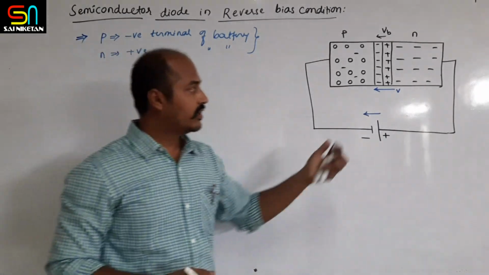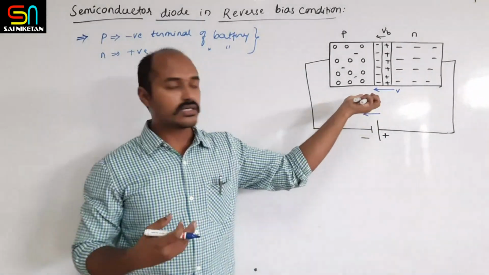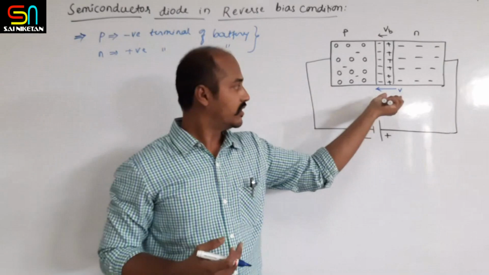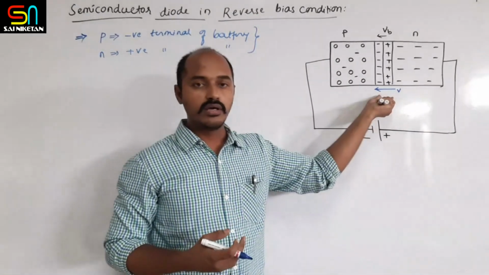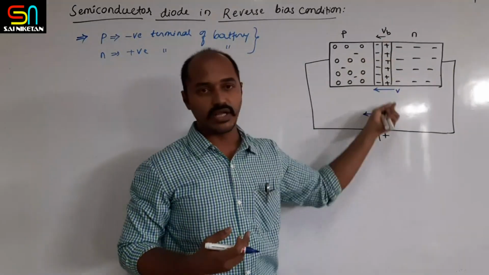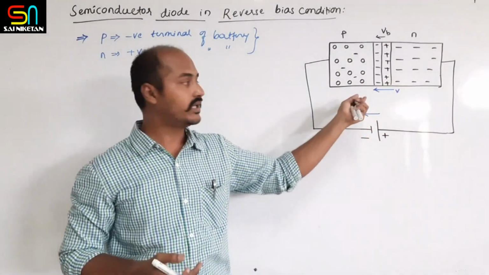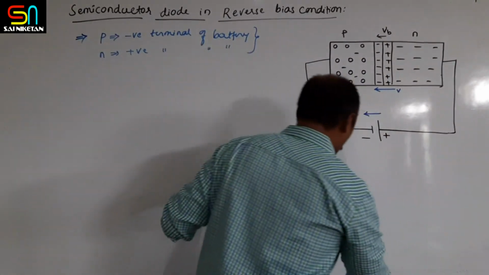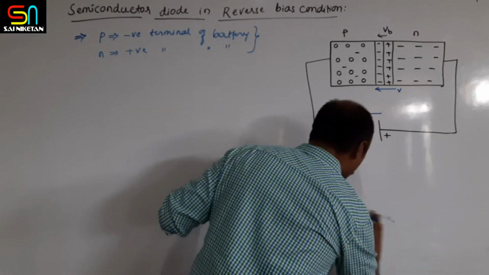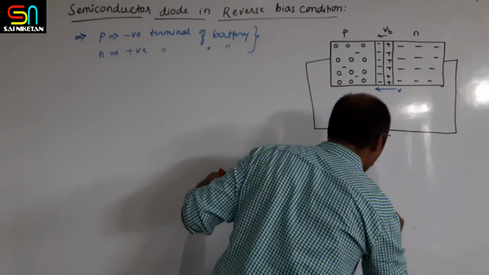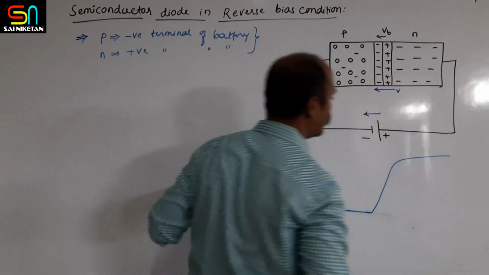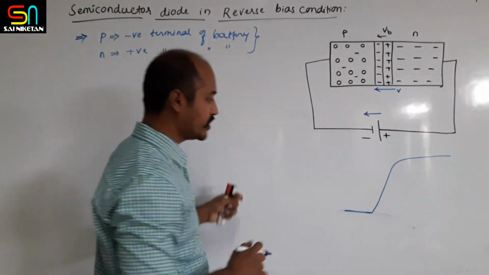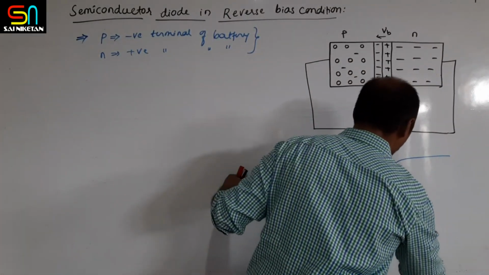Now you can see the resultant voltage, or resultant field, resultant potential. Both are in the same direction. The resultant potential is the sum of V and VB. Hence the net potential barrier is the algebraic summation of the applied voltage and the barrier potential.